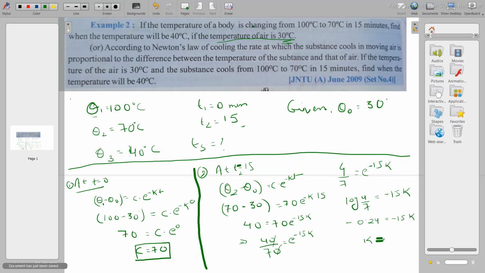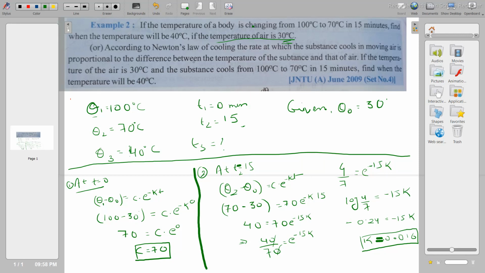So from here, we will get k as 0.016. So now we have got C and K.